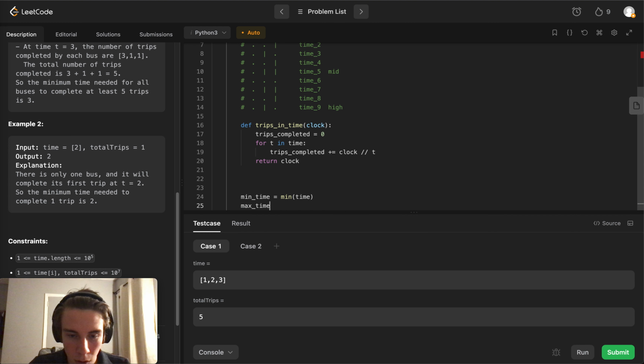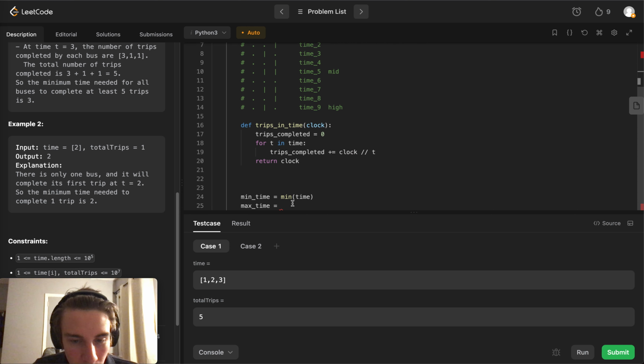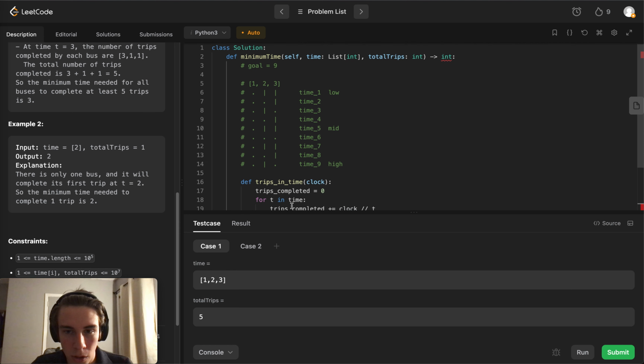max time could be, let's see, what is the maximum time that we know? Well, the max time, if we're given a goal of 9 trips, it would just be the 9 trips divided by the smallest element in the array. So that would be the, sorry, one more time.